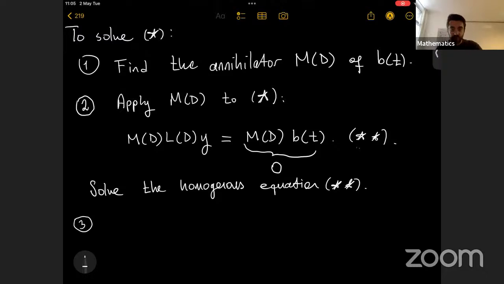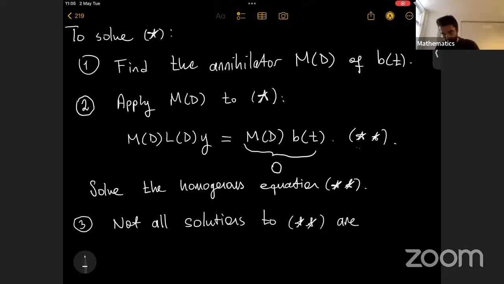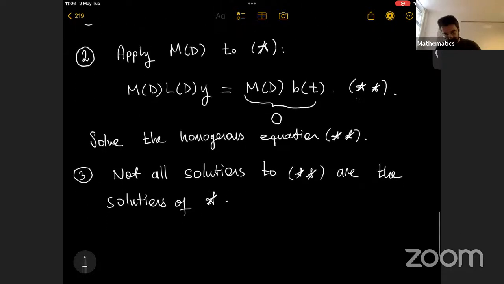Some of them will not be solutions, so we will eliminate those. So not all solutions to double star are solutions of star. What you need to do is plug the solutions from the second equation into the first equation, okay?